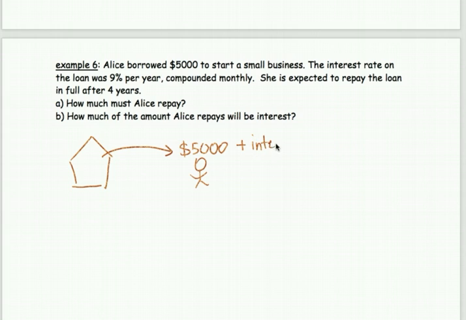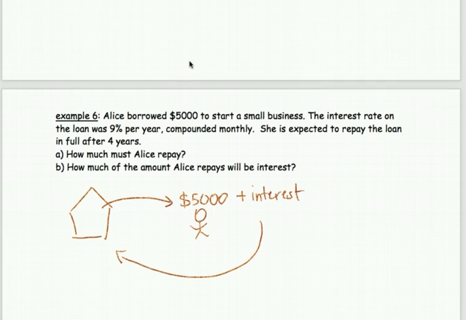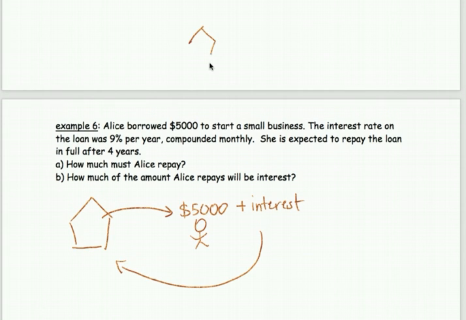And then basically it has to be returned back to the bank. Okay, so maybe we'll draw it like this. So we have to return it back to the bank eventually. So before, when we were looking at putting our money in the bank, this would be us, we would put our money into the bank, right?